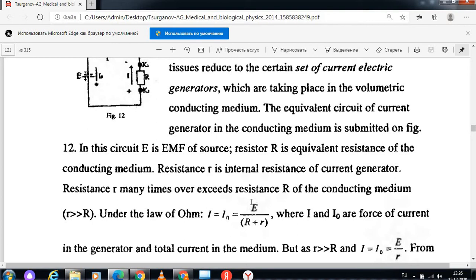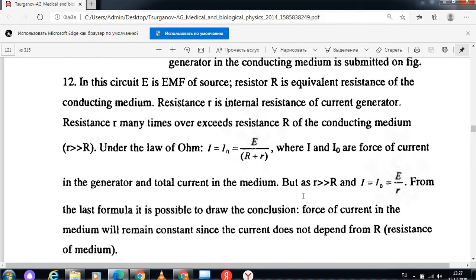R is the equivalent resistance of the conducting medium, and the resistance r little is the internal resistance of the current generator here. And don't forget that this r little many times exceeds resistance R of the conducting medium.